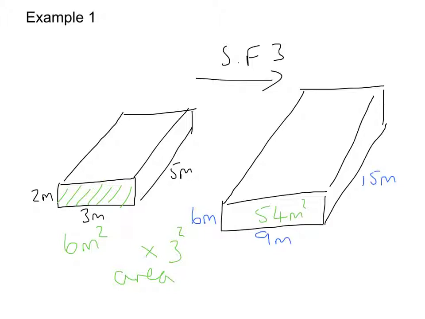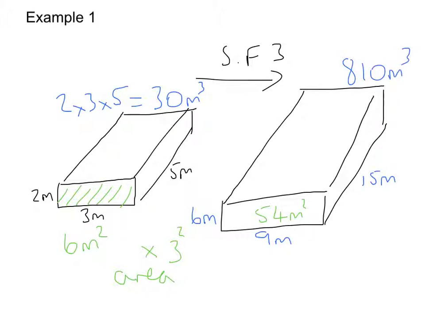Similarly, with the volume, 2 times 3 times 5 gives us 30 meters cubed, and here we would see 6 times 9 times 15. 54 times 15 is going to give us 810 meters cubed.